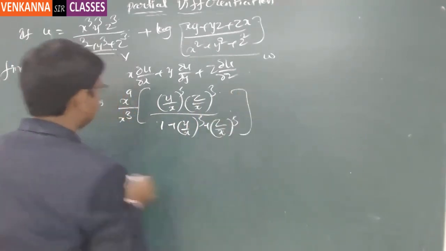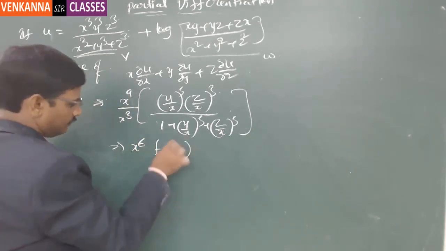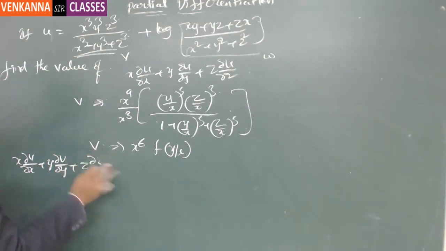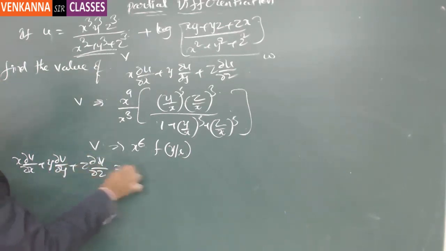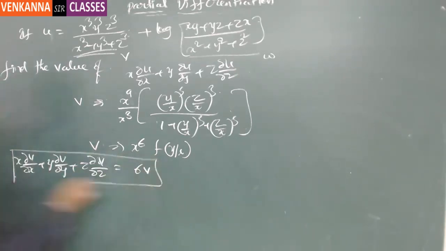Now this is x power 6 into f of y by x format. So for this V, you can apply x dou v by dou x plus y dou v by dou y plus z dou v by dou z is equal to 6 times V. So this is the first part.